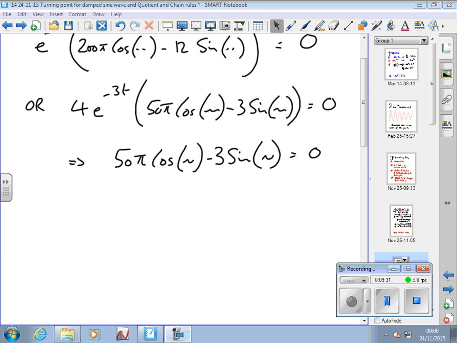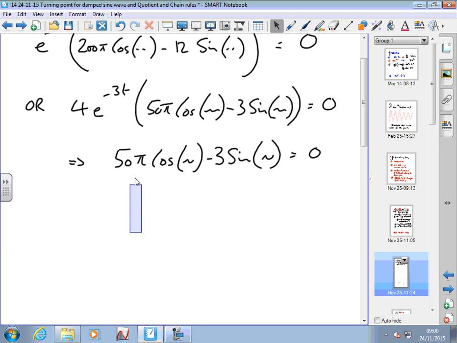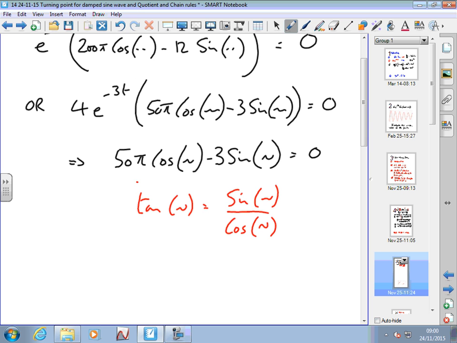Now what I'm going to do is use a little fact that I remember, and that's this. Tangent of the bracket is the sine of the bracket over the cosine. Tangent is sine over cosine. And when we look more at wave functions, we can see that little identity maybe come out.